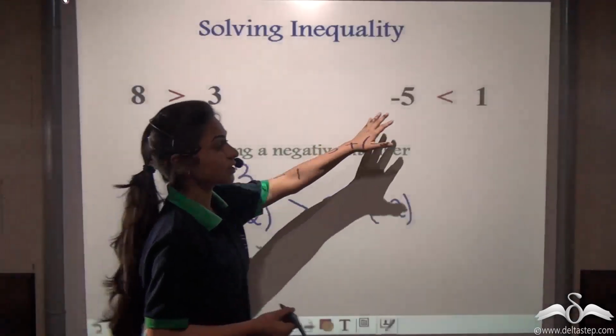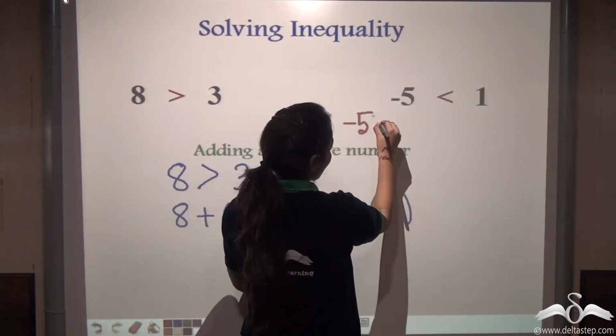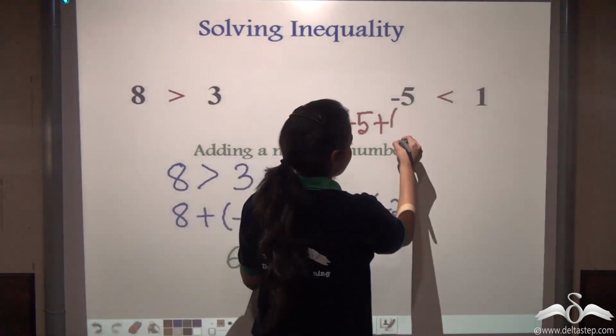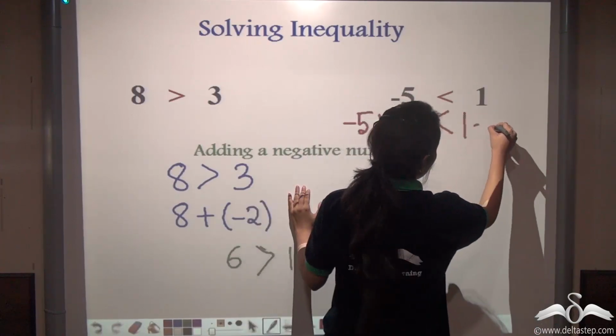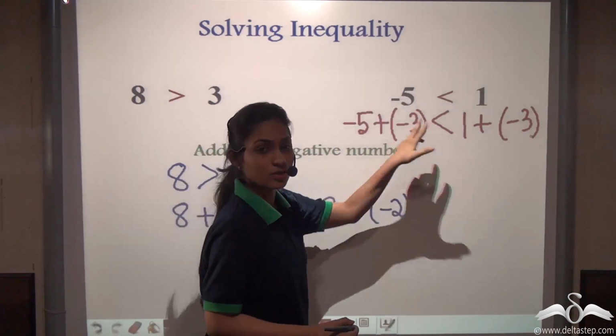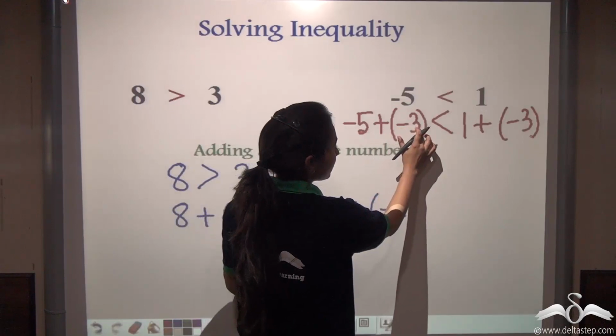Let us check for this inequation as well. Here, minus 5. Add any negative number with it, say minus 3. Is less than 1 plus minus 3. What are we doing? We are adding negative numbers on both sides. Let's check the result. Minus 5 plus minus 3.